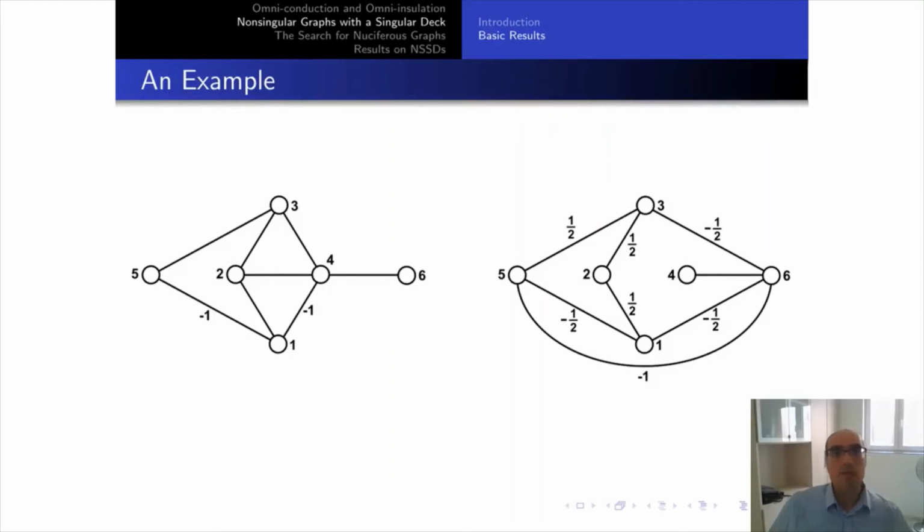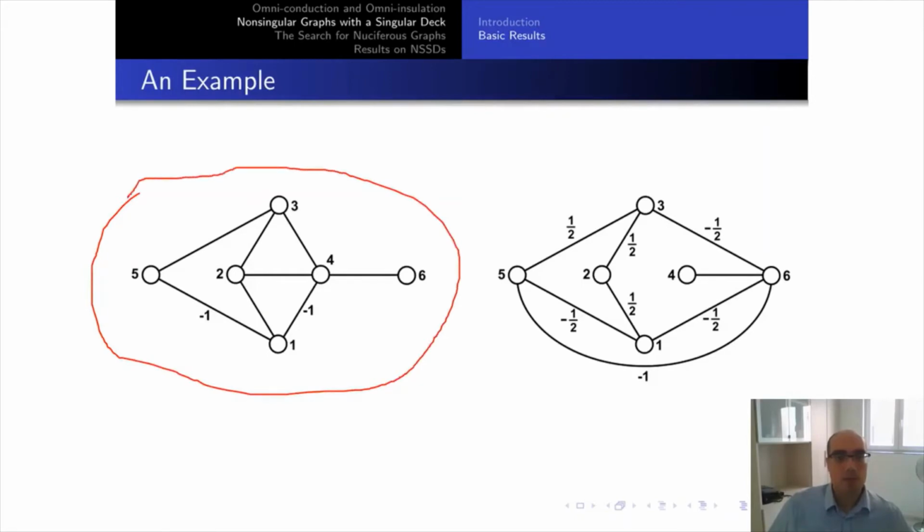Let us give an example of an NSSD. So the graph on the left, this one, is an NSSD. Notice that we have these weighted edges for these two edges, the edge 1,4 and the edge 1,5, whereas the others are assumed to have weight 1.